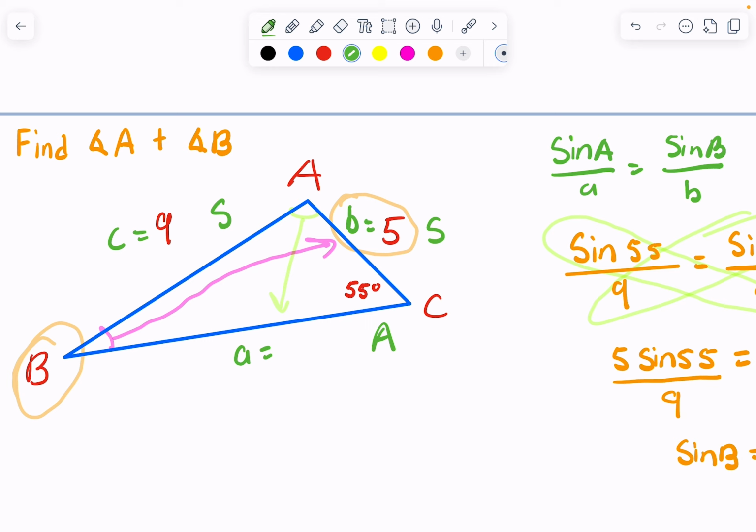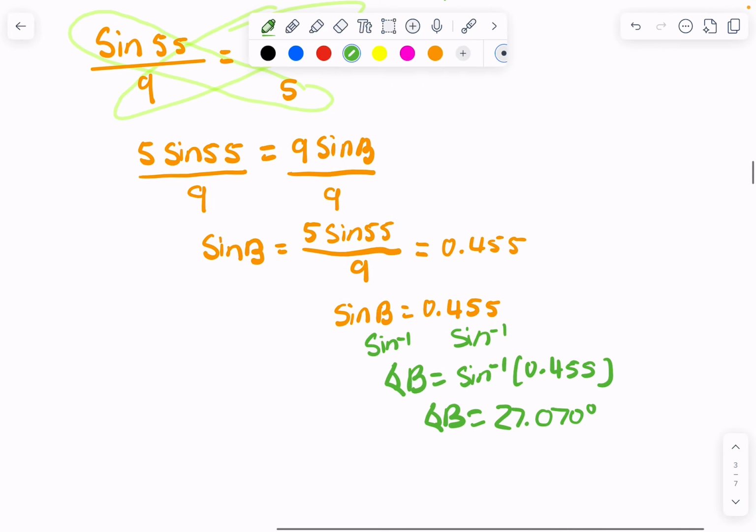But to describe it, all you need to know is that if the sum of angle A and B is over 180, then there's no triangle. But if it's less than 180, then it can create 2 triangles. So let's do that. Another way to know is if your sine, like if this number was greater than 1, then you have no triangle.